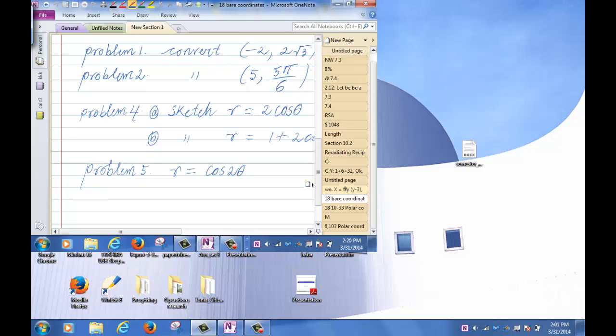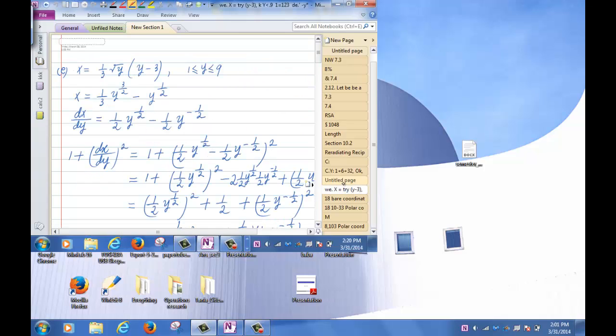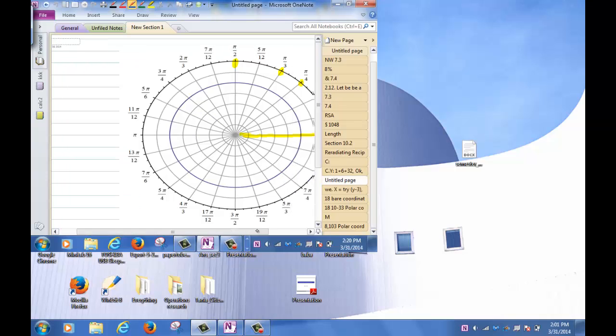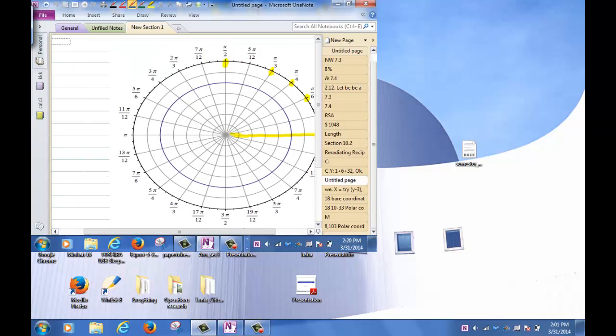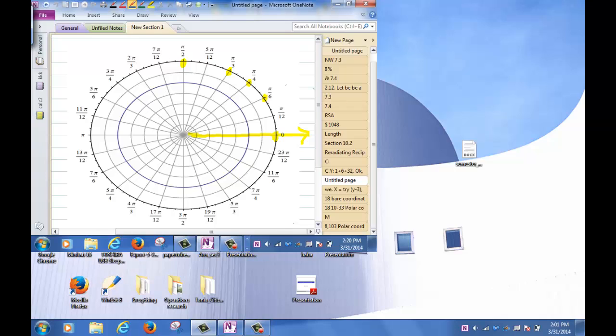So first of all, can you give me a point where cosine theta is 1/2? Well, cosine theta is 1/2 right here, and sine theta is √3/2. So if I want to know where cosine theta would be -1/2, all I have to do is go directly across.